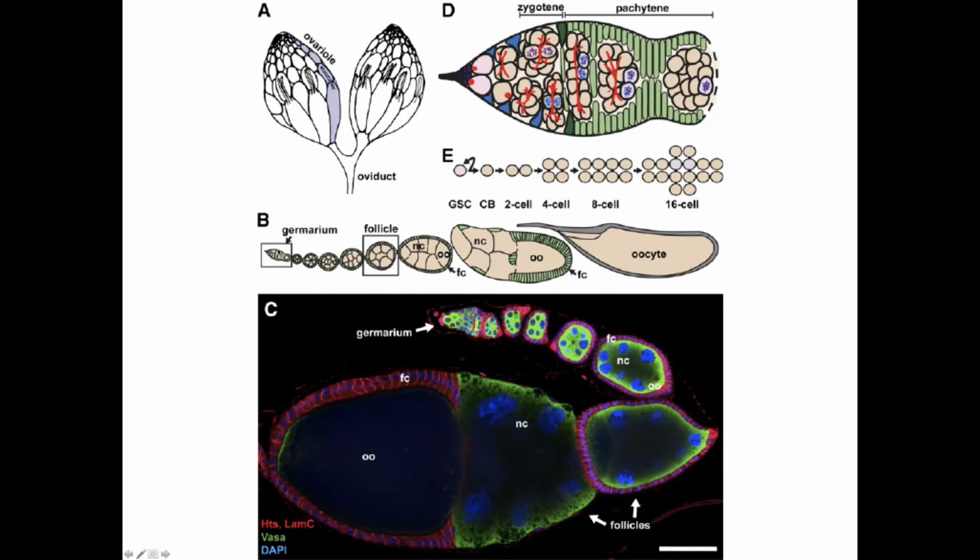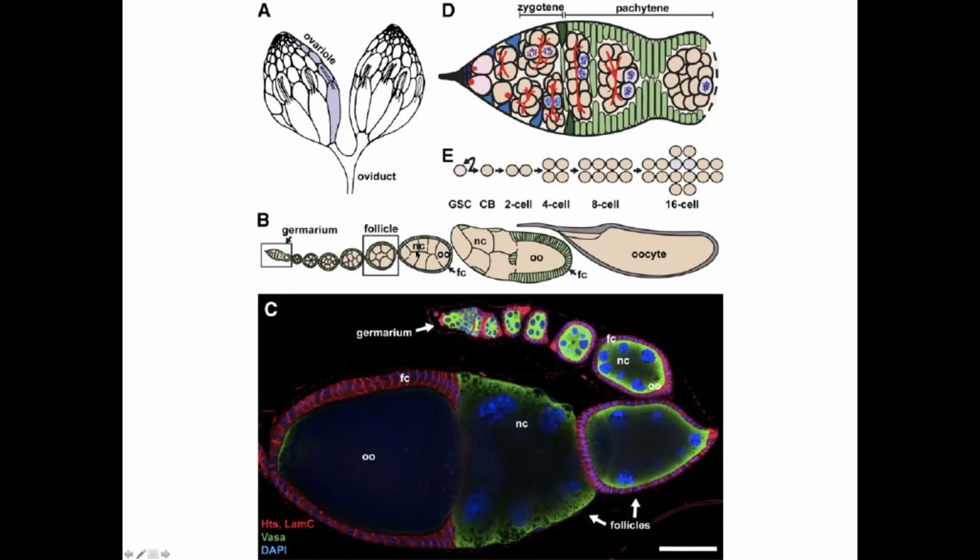They form the supporting structure of the germarium, and they give rise to the follicle cells. Now, the one that forms the oocyte is going to be the egg, but the remaining actually form the nurse cells.